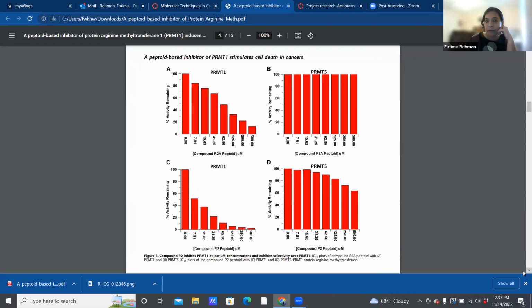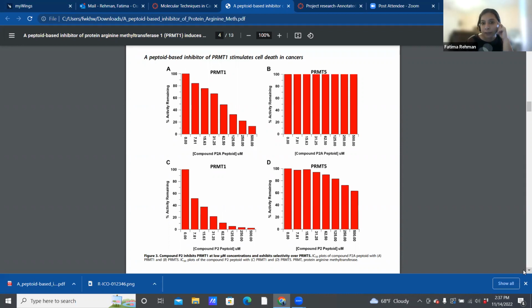How do you read these graphs? So the top two are going to be, I think, your P2A peptide, and the bottom ones are P2. A and B is P2A, and C and D are P2.